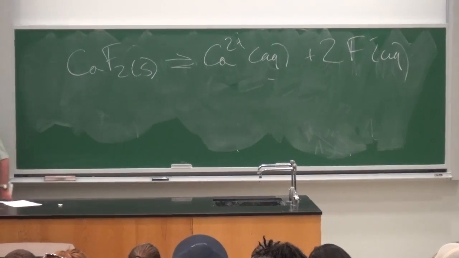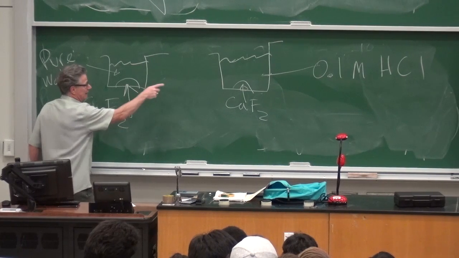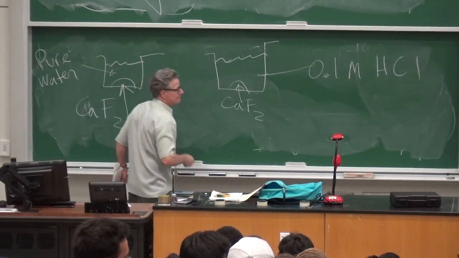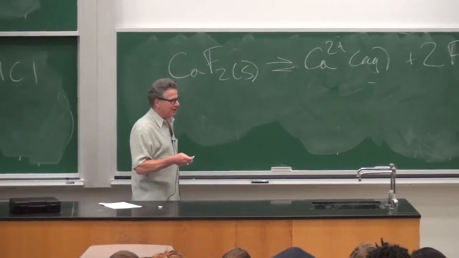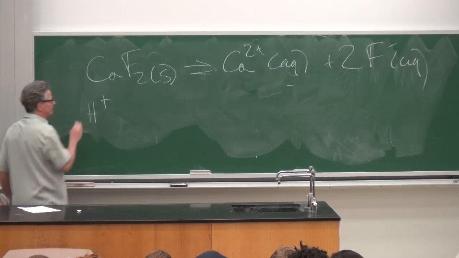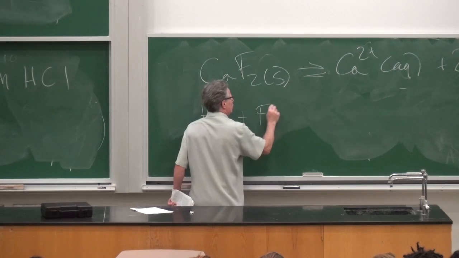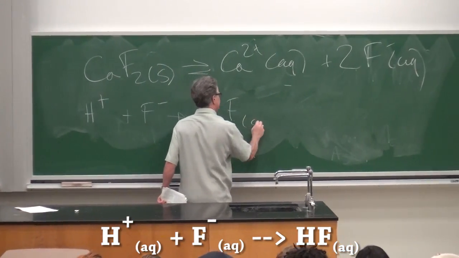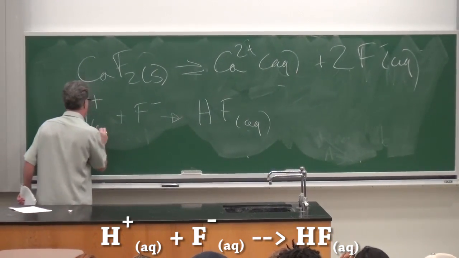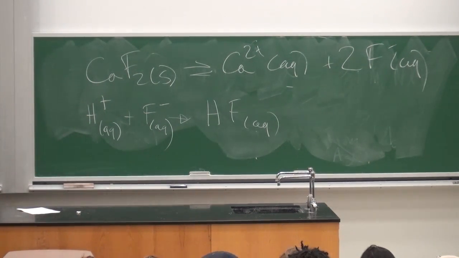Now we're going to simulate this case right here by dropping in some concentrated HCl and getting the concentration up to 10th molar. Now, what that means is that you added a whole bunch of hydronium ion. And that hydronium ion will find that fluoride and make HF. And so now we're stressing the reaction in a different way.